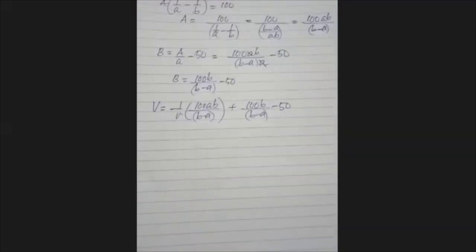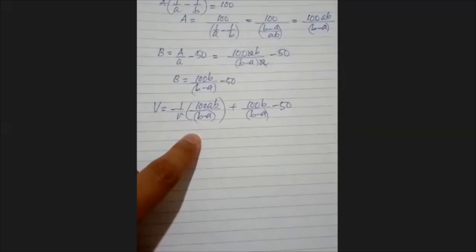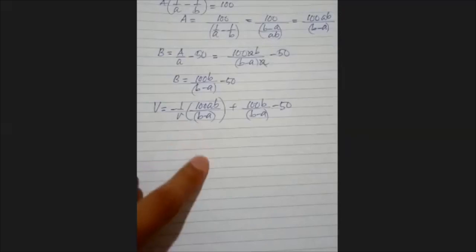So that's your final general equation of potential. If you want to find the specific value, you just plug in the value of a and b. So you have a shorter equation that represents your specific equation of potential.